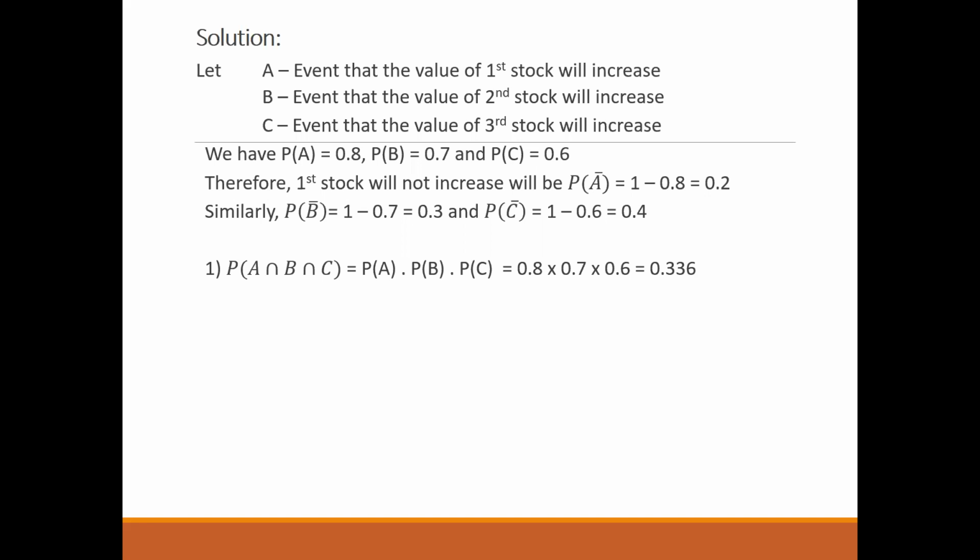So we can say that A and B increases, whereas C does not increase. That can be one. Or A and C increases, B does not increase. Or you can say A does not increase, B and C increases. So this can be three different combinations, which is possible for the second question. Now, to solve this problem, if anyone has done it, can share the answer, or I'll just go ahead and show you the solution.